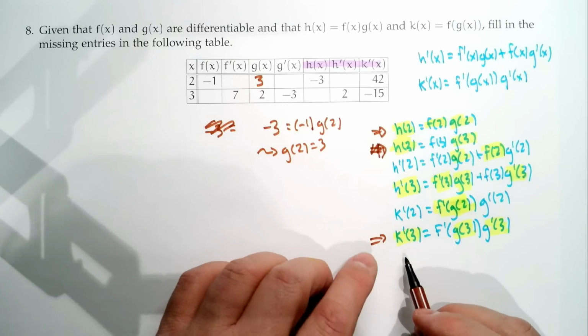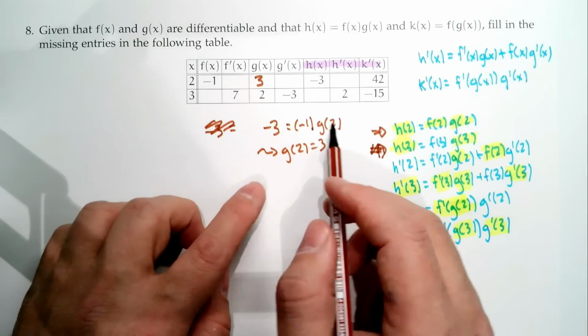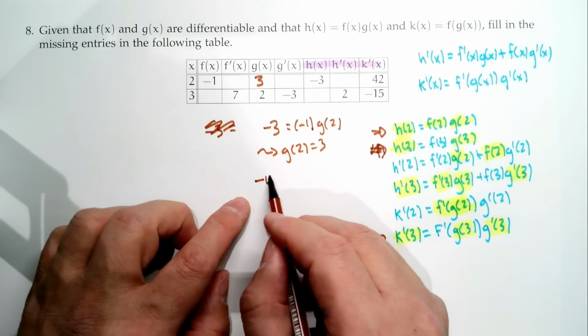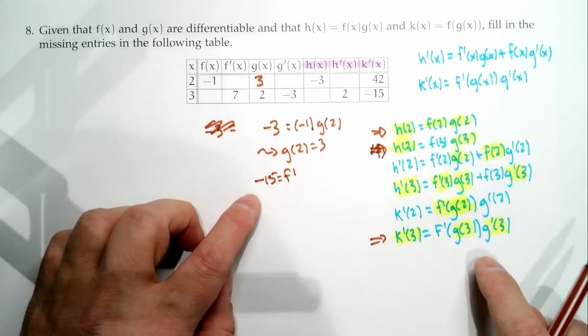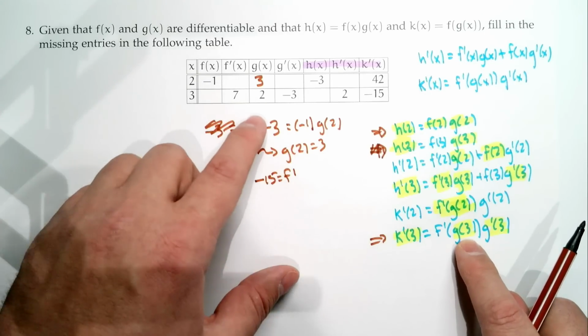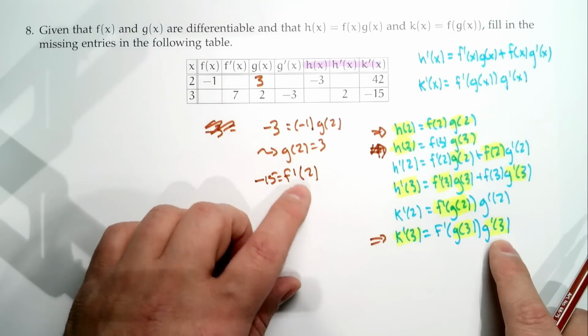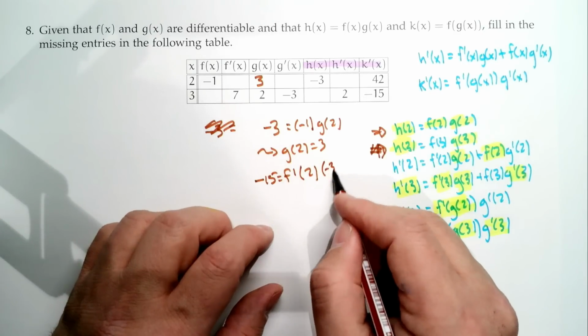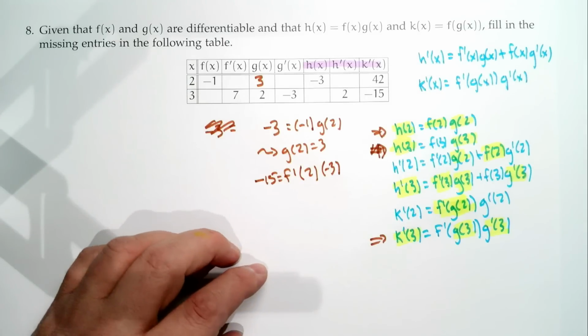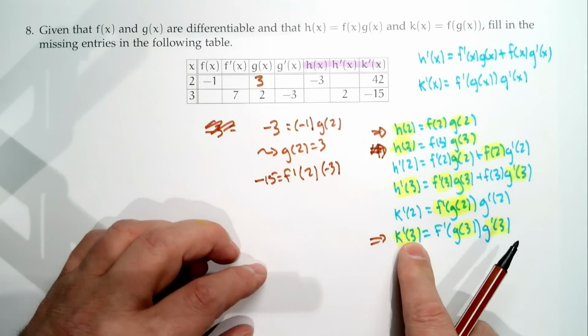So what is that? Well, k prime of 3 is negative 15. That's equal to f prime of g of 3. So that's f prime of 2 times g prime of 3, which is negative 3. So if I use this piece, what can we conclude?